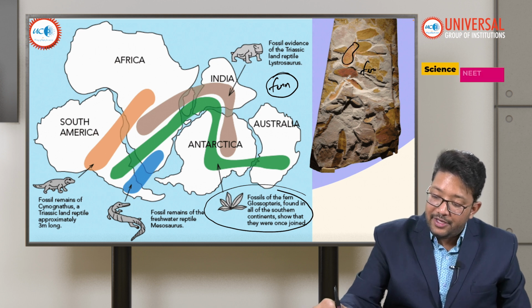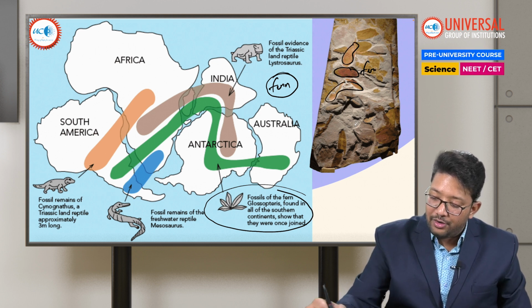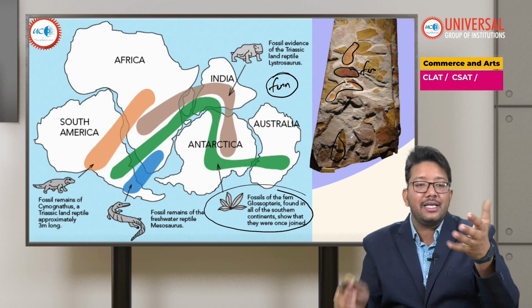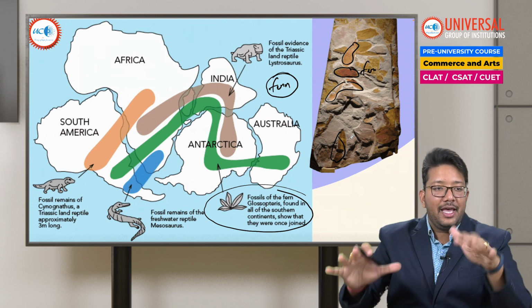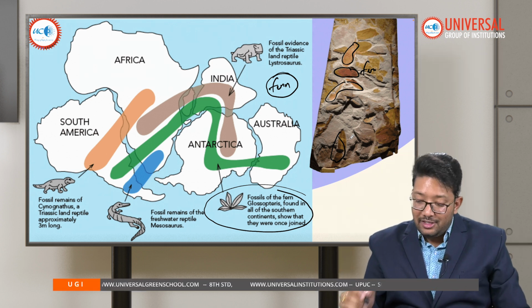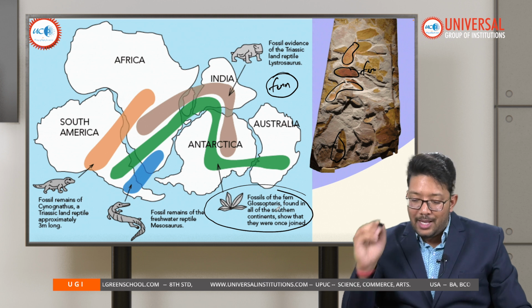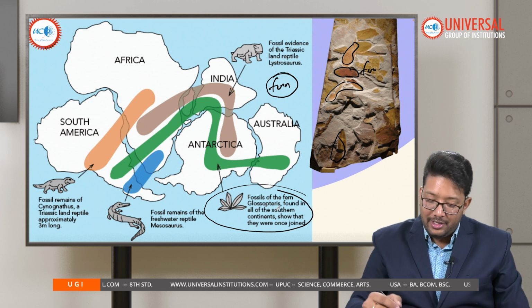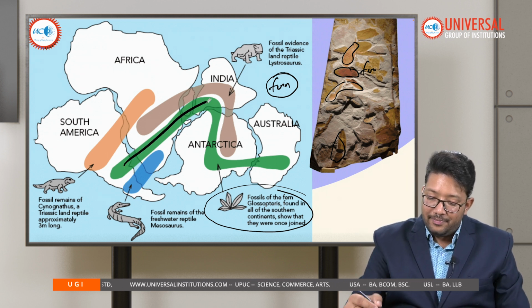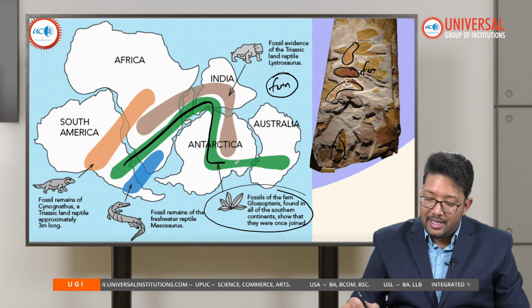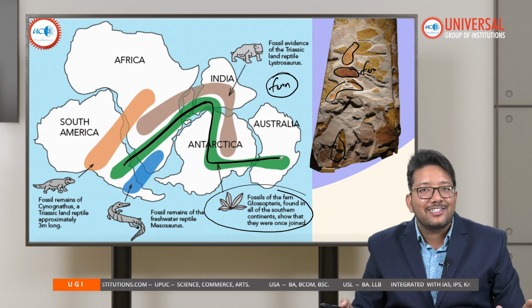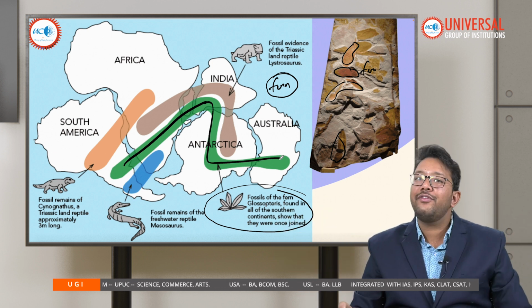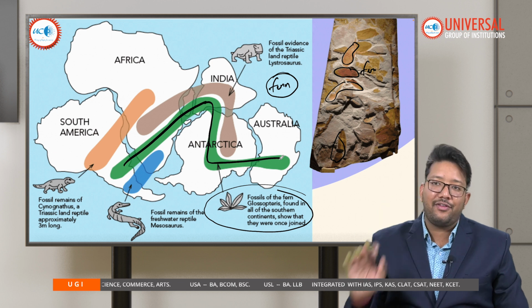These are the leaves, or parts of plants, found inside the rocks, and we have done the radiometric dating. This Glossopteris, the name of the fern, has been found in South America, Africa, Antarctica, India and Australia, all the continents. Again, it proved the theory of continental drift by Alfred Wegener.